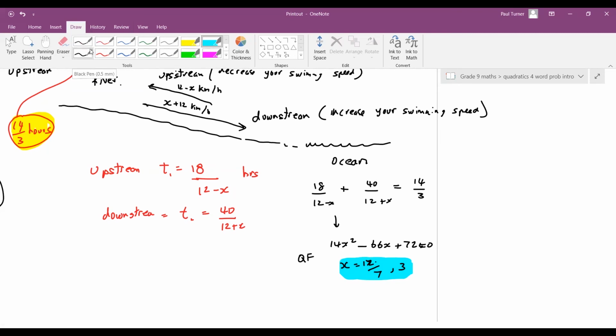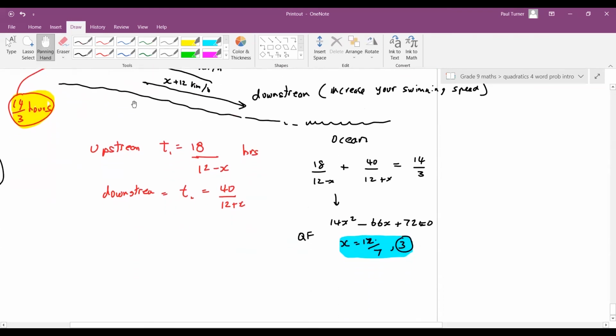You can probably double check if the 12 on 7 is correct, but I found that 3 is the correct solution here. So that means that's your speed, the current of the river. So current of the river is 3 kilometers per hour there.